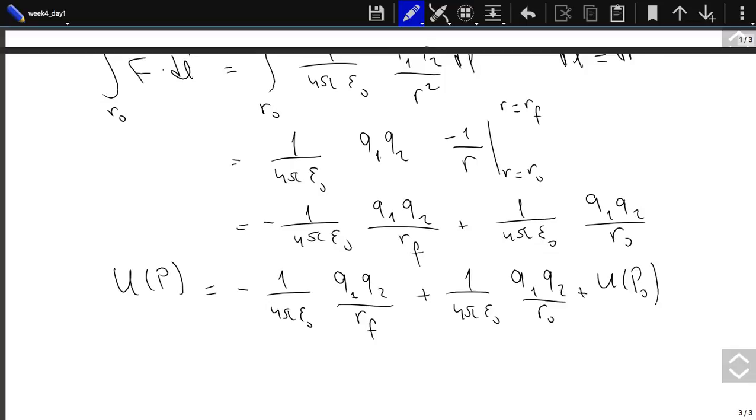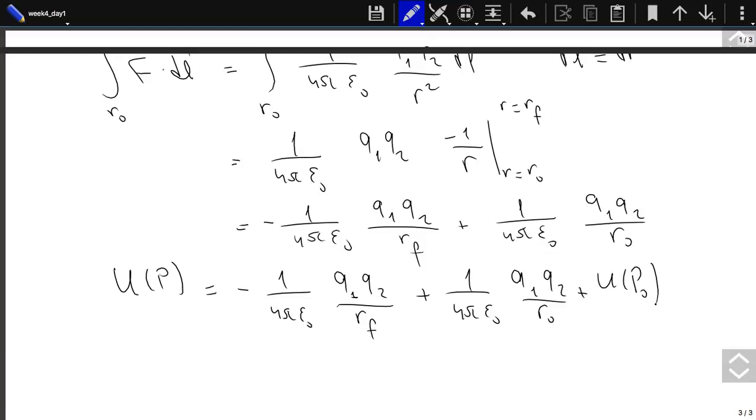Now I am free to choose one value for the potential. I can fix the value of my potential at an arbitrary point. Then that will determine all the values of my potential at any other point. If you want, you can choose U of P0 to be 0, and this will be your potential energy expression. It's a correct expression.